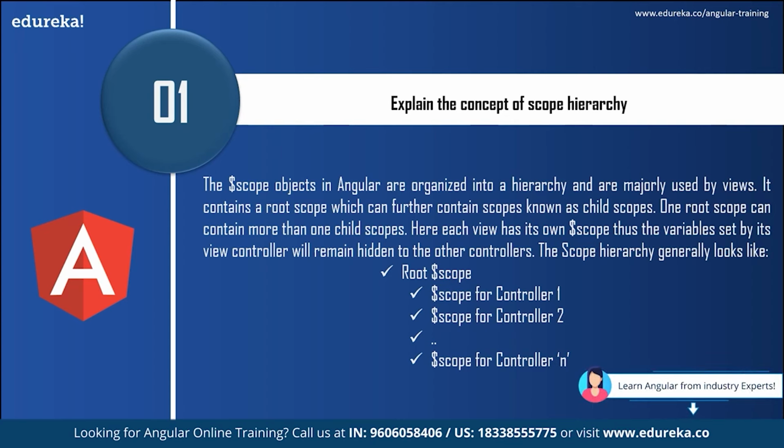One root scope can contain more than one child scope. Here, each has its own scope, thus the variables set by its view controller will remain hidden to other controllers. Now the scope hierarchy generally looks like root scope continued by other scope controllers until n number of controllers.